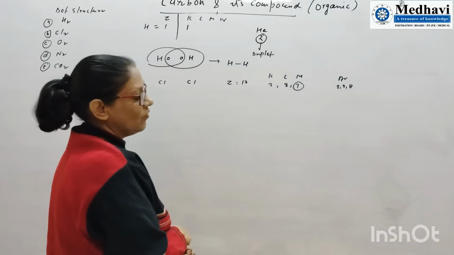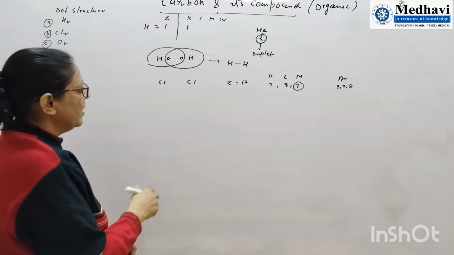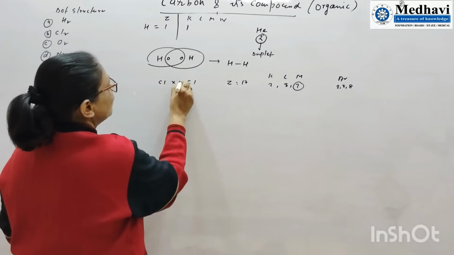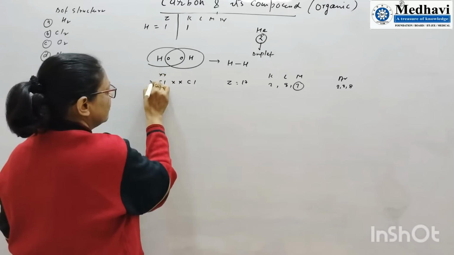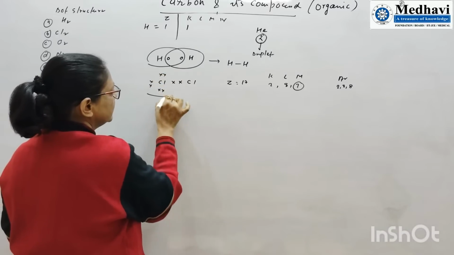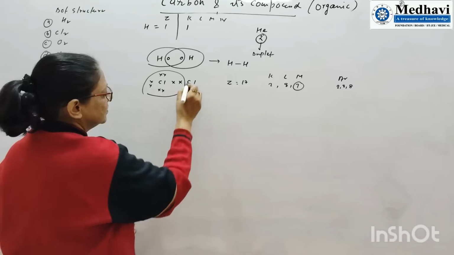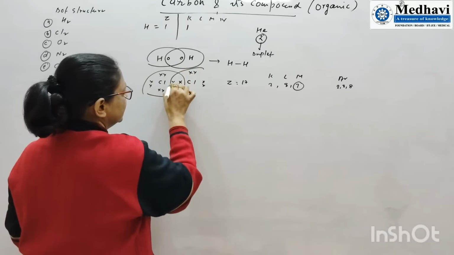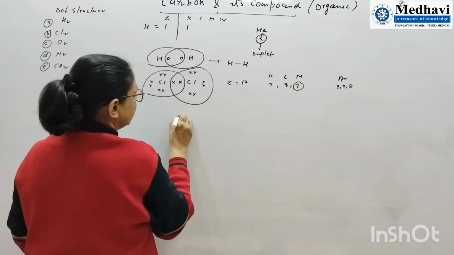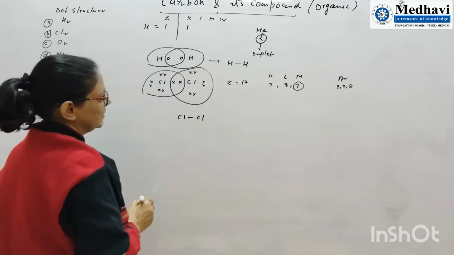So it needs 1 more electron. So here chlorine shares 1 electron with its nearby chlorine atom and it will fulfill its octet. So we can say that chlorine has a single bond.